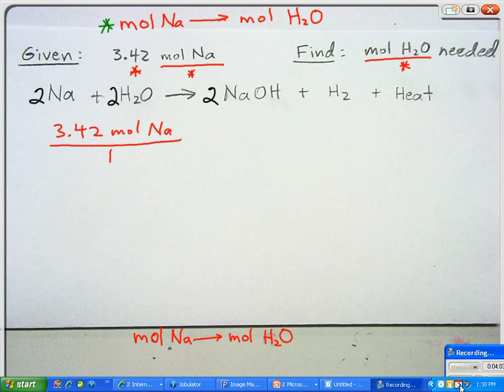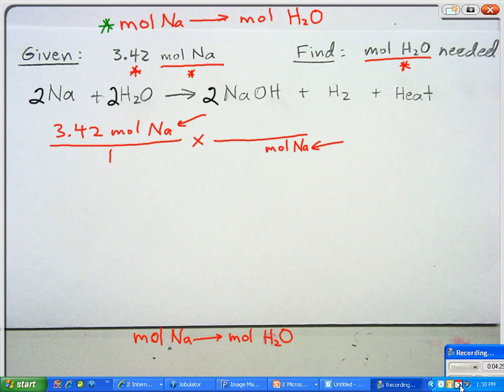And now when we make our second equation, or our second fraction, I should say, whatever's on the top here has to be on the bottom over here. So let's look and see what's on the top on the left-hand fraction, and that's moles of sodium. So we have to have moles of sodium down here.